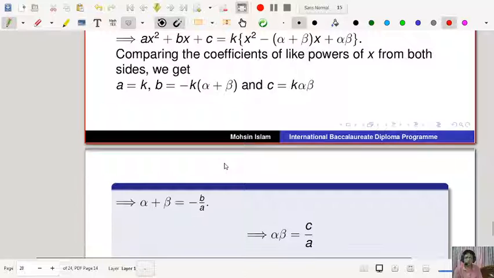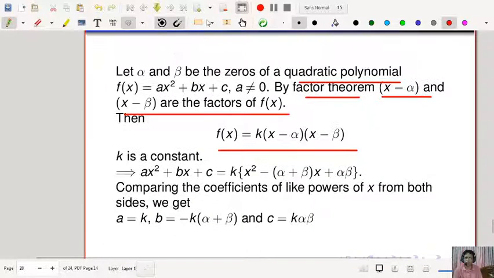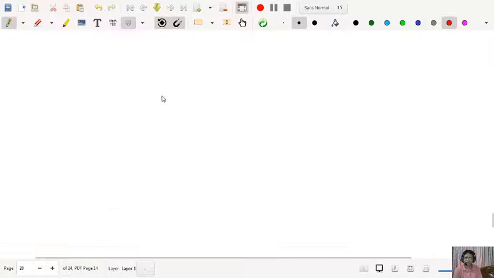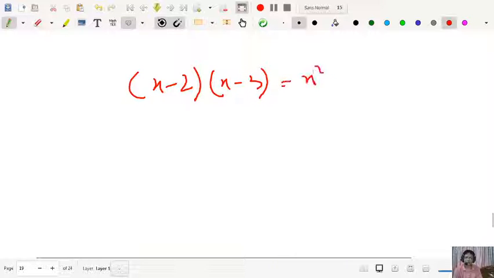Suppose, for example, if you want an explanation, let me explain. Suppose x minus 2 and x minus 3 are the factors, what will be the quadratic? x square minus 5x plus 6. This is the quadratic polynomial.